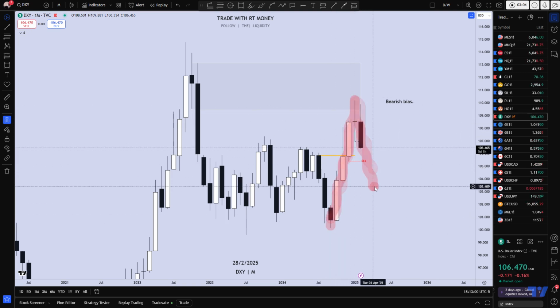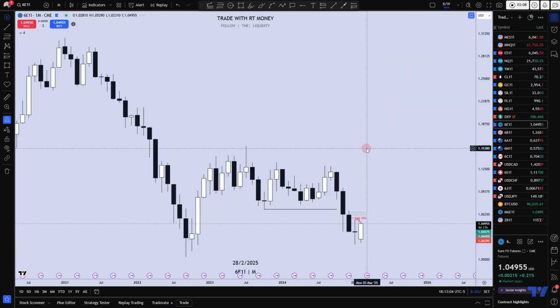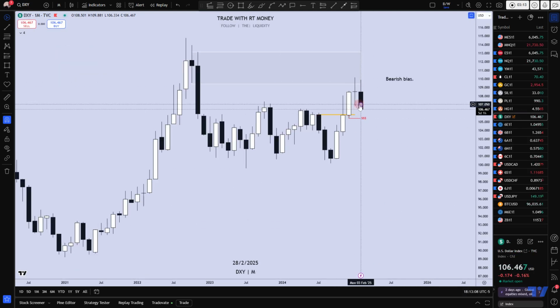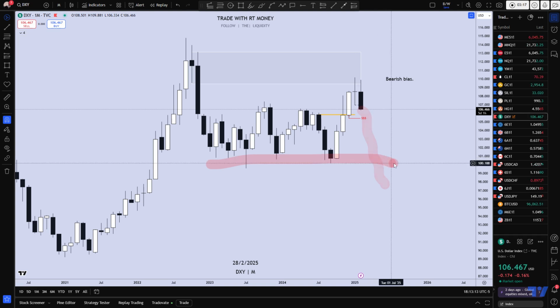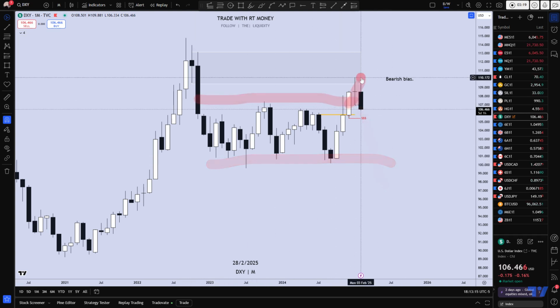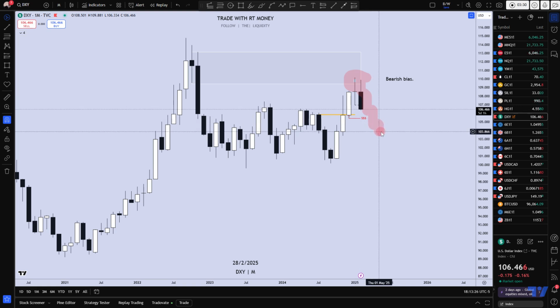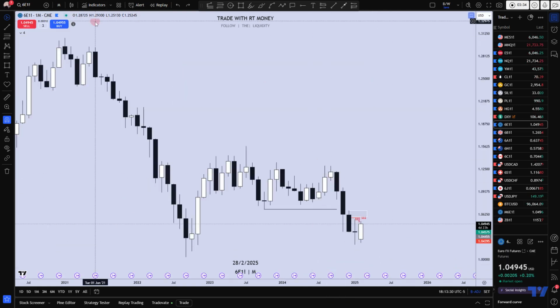Impulse, correction, and then maybe impulse, or maybe price will continue down, taking out these lows as we have swept these highs. We may be heading towards sweeping those lows. I told you that once price reached the supply area, we would probably be looking at a longer term pullback. Okay, we'll see.